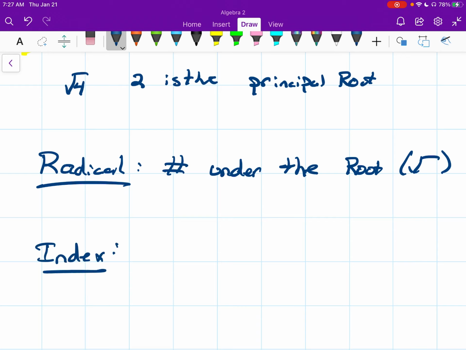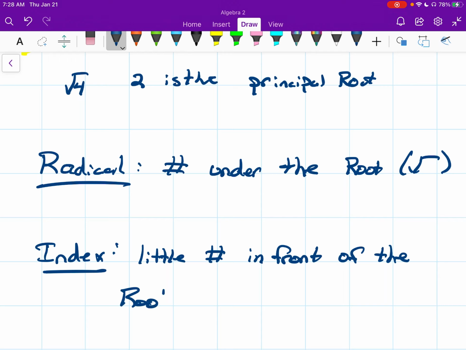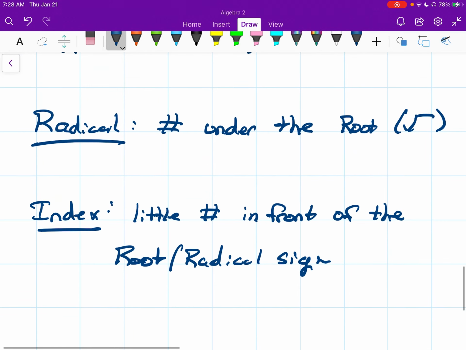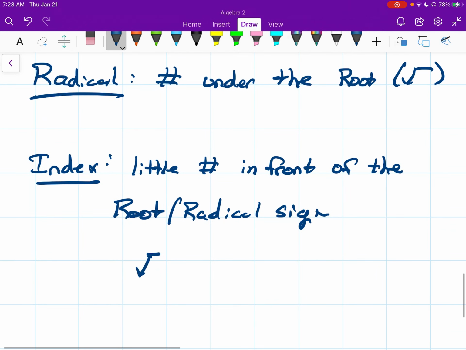Then we have an index. Index is the little number in front of the root, or in front of the radical, in front of the radical sign. And what we're talking about there is whenever we've got a little root there, that is the index.